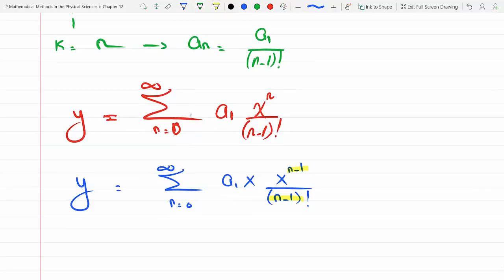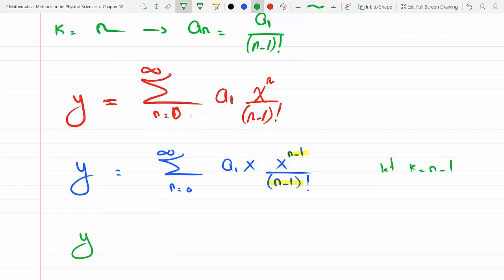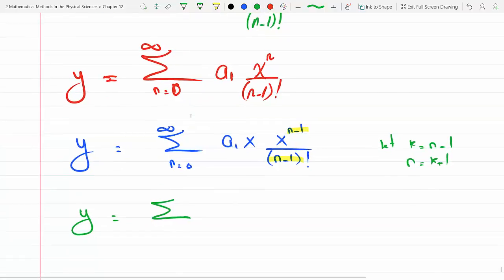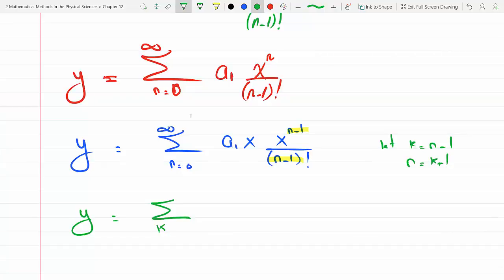And now I can relabel the index just like I did before, change the indices. So I would say let k equal n minus 1. And if I do this, then y becomes, so that means n is k plus 1. So this is going to become from k equals minus 1, but that wouldn't make any sense, right?